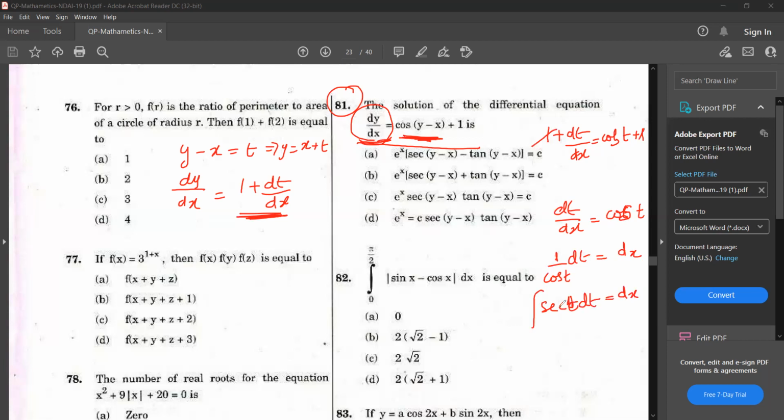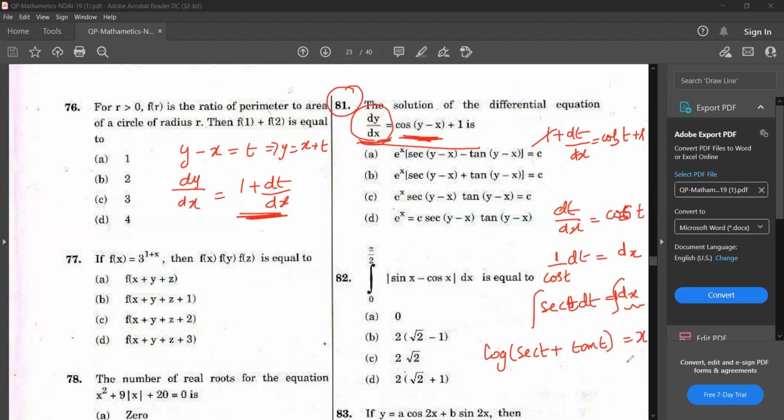Now for finding the solution, integrate both sides. What is the integral of sec t? That is log of sec t plus tan t. Remember? Then what is the integral of 1 dx?